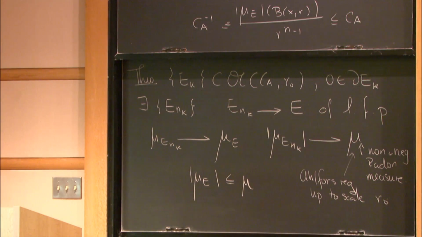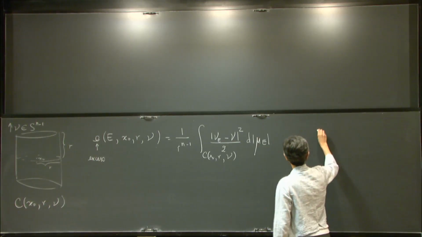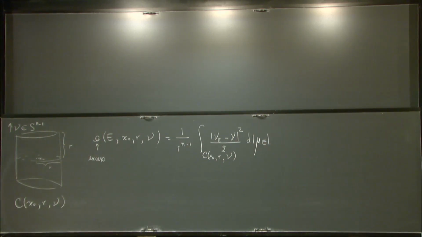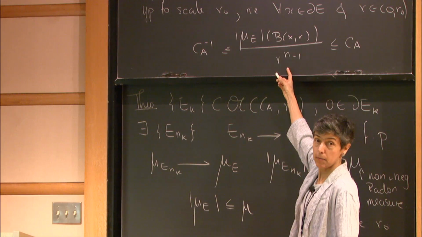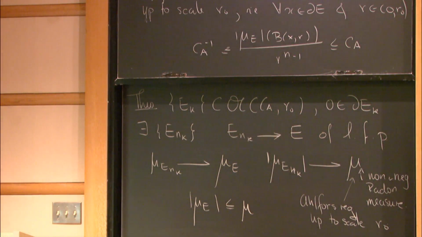So what exactly am I saying? Remember this guy changes like r to the n minus 1. So in some sense, this is roughly, let me do a proof by illustration.